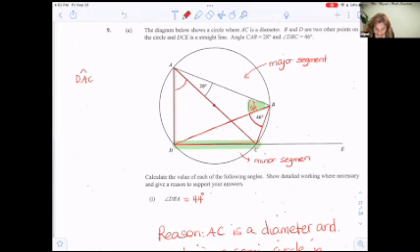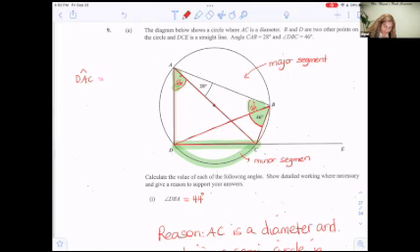So if this angle is 46 degrees, because it is on the same segment, bounded by the same arc, the angles are equal.